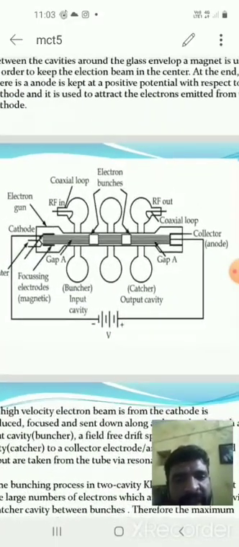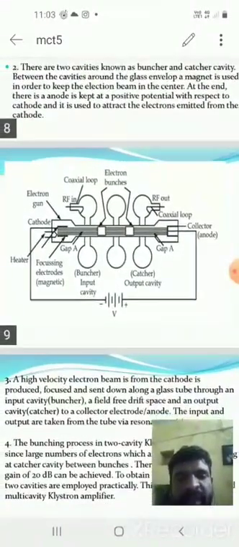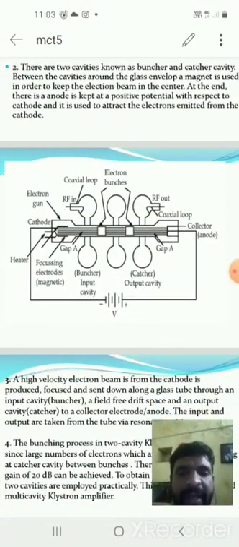Here the diagram shows the topic. Explain the topic by the diagram. Here, the multi-cavity klystron amplifier. In this diagram, at the starting left we have the cathode, which contains the electron gun and heater.